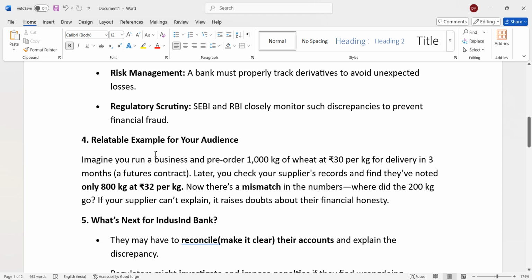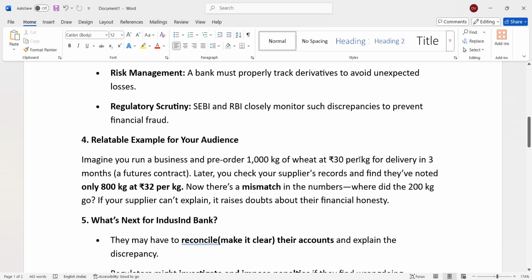Imagine you have a business and you have pre-ordered 1000 kgs of wheat at 30 per kg for delivery in 3 months, which is a futures contract. To simplify this, I have another analogy. Now 1000 kg of wheat is trading at 30 rupees per kg.